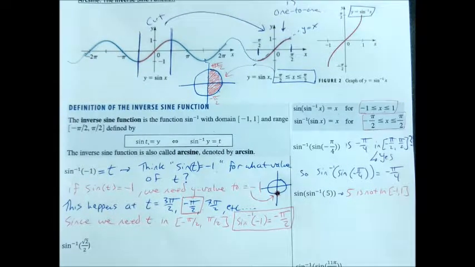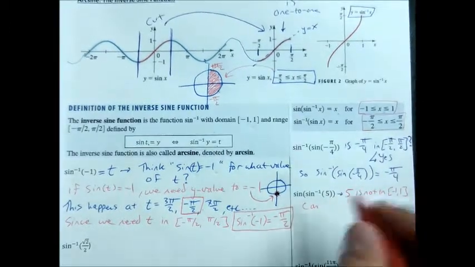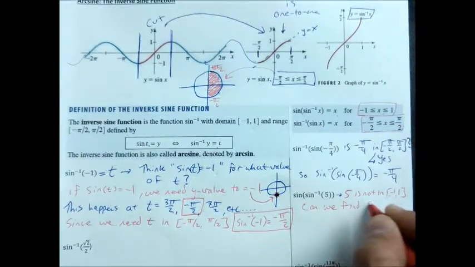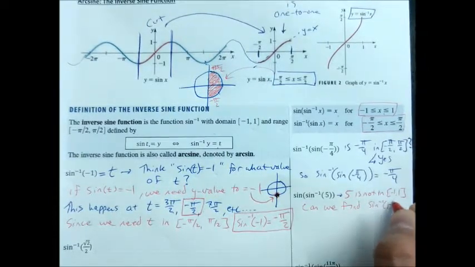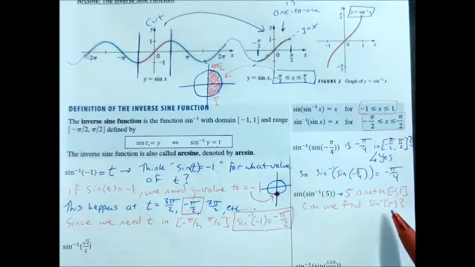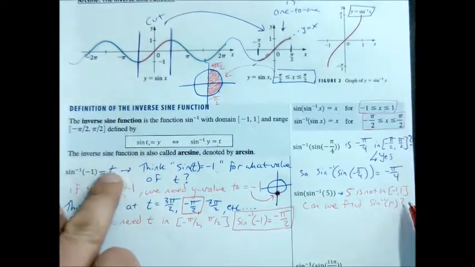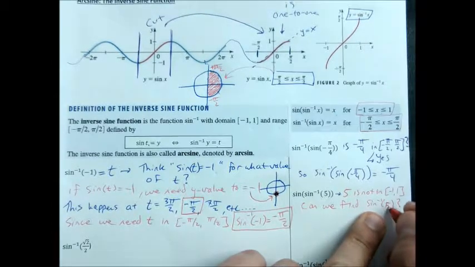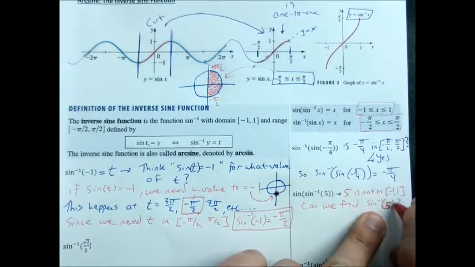And so let me just point out what happens if we tried to calculate that in the first place. Can we even find sine inverse of 5? Judging by what we did over here, this is sine inverse of minus 1. If we wanted to do sine inverse of 5, that's a 5. Sorry, that's bad handwriting.